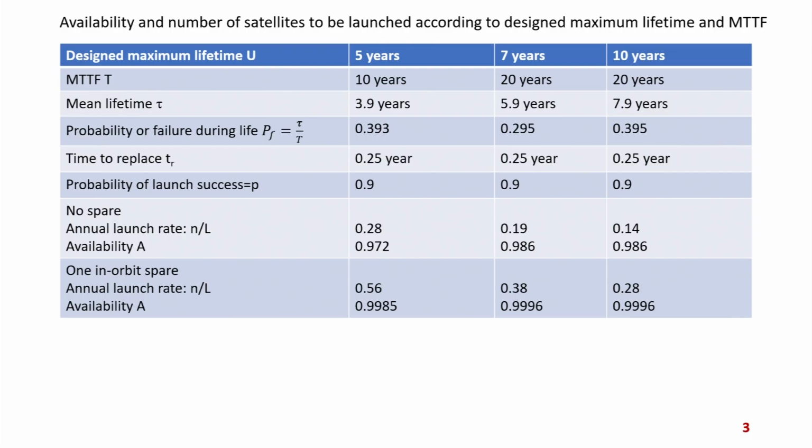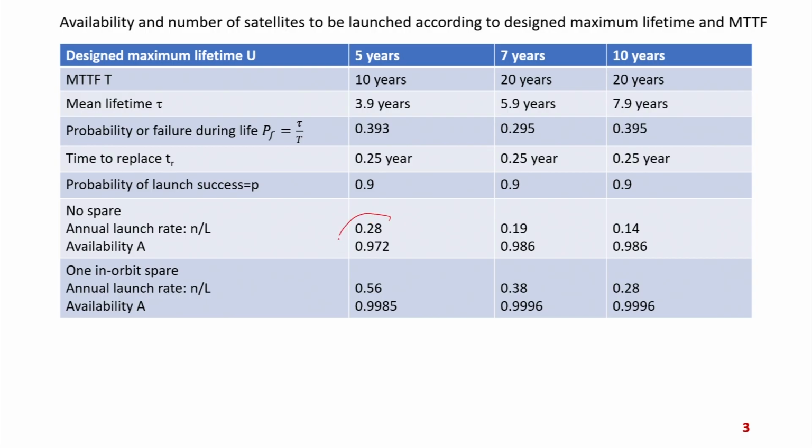As the MTTF is increased, the mean satellite lifetime increases. Then, with the time to replace the satellite and the probability of launch success, we can calculate the launch rate.